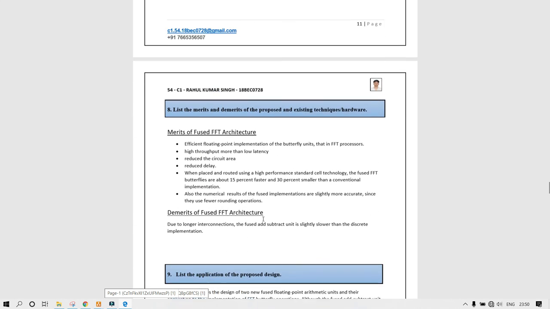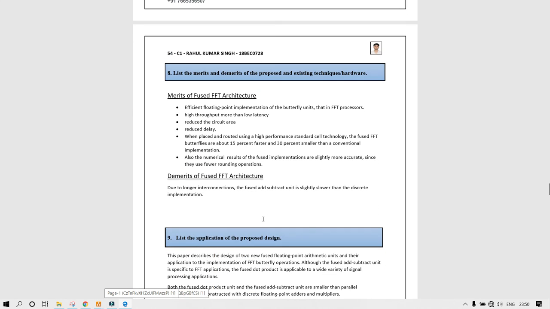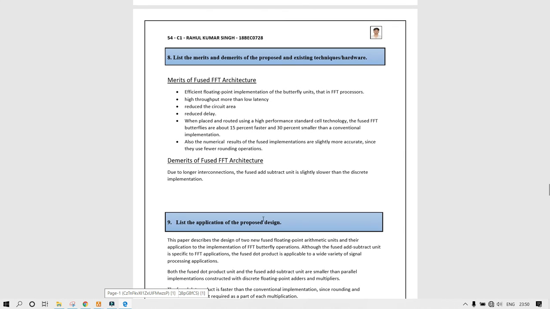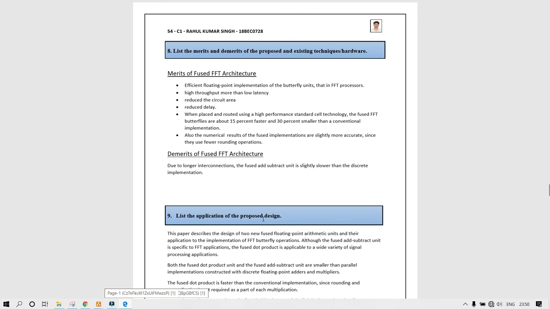Coming to the next question, list the merits and demerits of the proposed and existing architecture. The merits of fused FFT architecture are listed. Some merits are efficient floating point implementation of butterfly units, high throughput with low latency, reduced circuit area, and reduced delay.